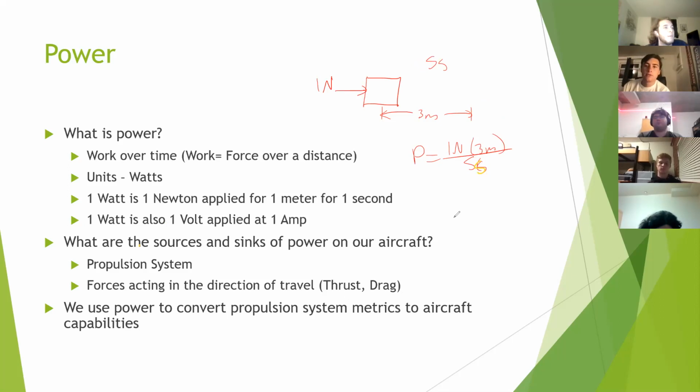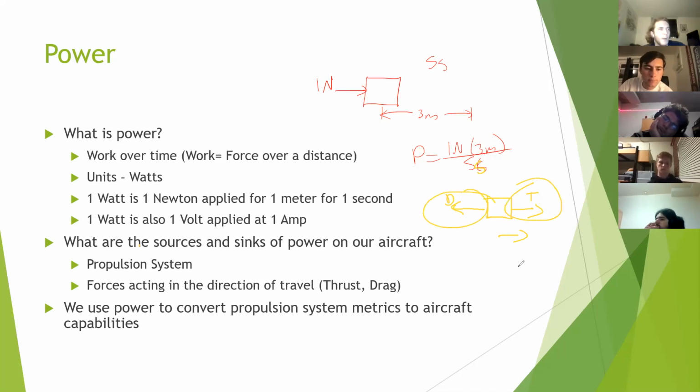If you have an object that is traveling at a constant velocity, so there's a net force of 0, but you've got these two forces, let's say this is thrust and this is drag, and we're moving this way at a constant speed, then you can find the power being exerted by these forces by taking the thrust times how far it moves, d, in any given time unit.